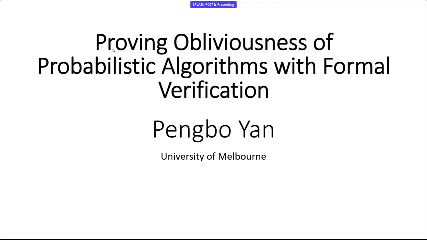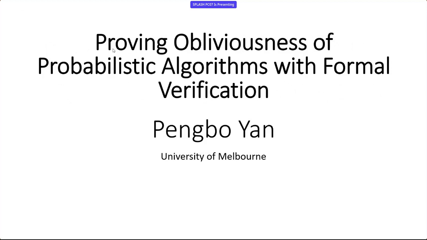So in the next session, I will talk about proving obliviousness of probabilistic algorithms with formal verification. So we say obliviousness is a security definition, which defends against the side channel attack between the memory and the CPU. There is a deterministic version, which is the original version, and there is a probabilistic version of the definition of obliviousness.